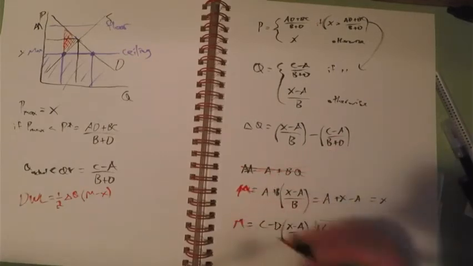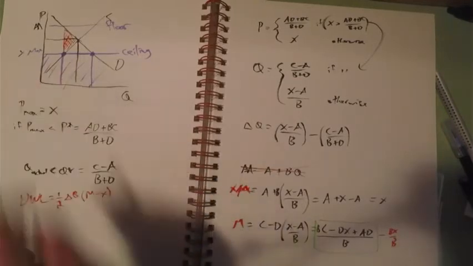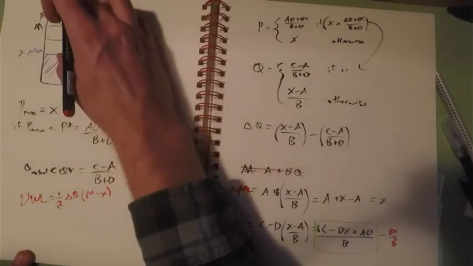This is M. This is X. X does, in fact, equal X. But M equals this mess here. And if we subtract X off of that, we could subtract, say, BX over B, which is just the same as subtracting X, which would give us M minus X, which gives us the height of our triangle.